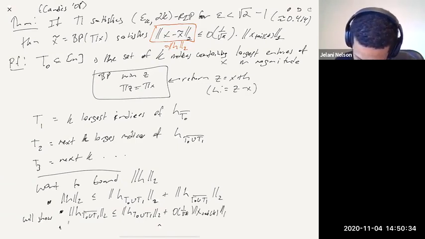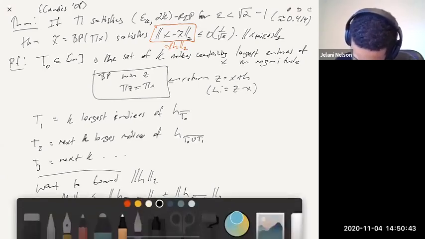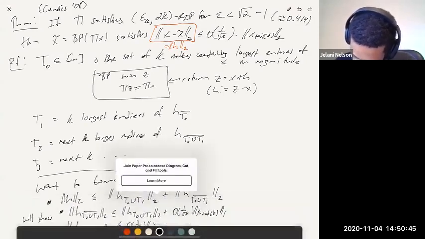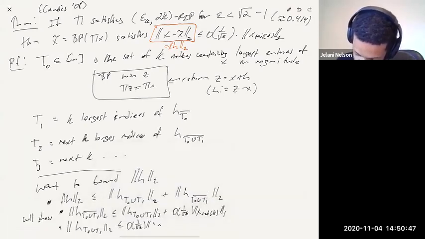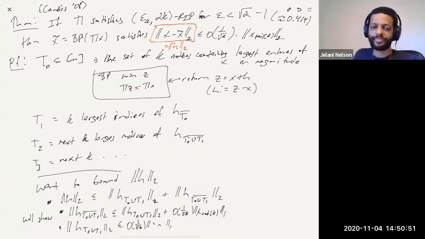And then we'll also show that H projected onto T0 union T1 is at most O of 1 over root k times that same thing. Okay, so I'm drawing too low on this, but same thing. So good. Questions about this?